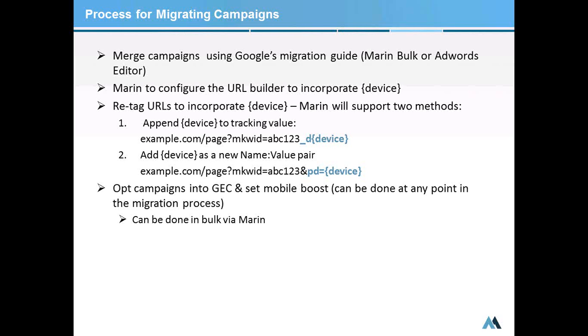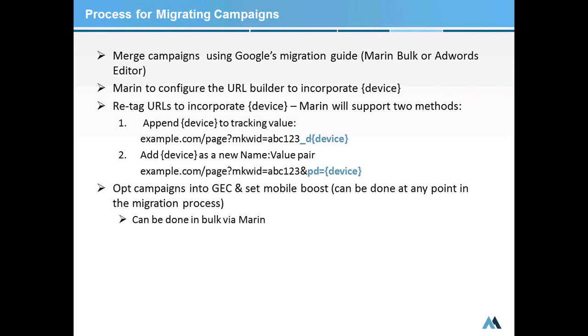So this first destination URL would resolve to something like abc123_dm, for example, if it results on a mobile device. And then the other choice that you have for _d is type D. We've added that to account for URLs that have underscores in other places to reduce the confusion.